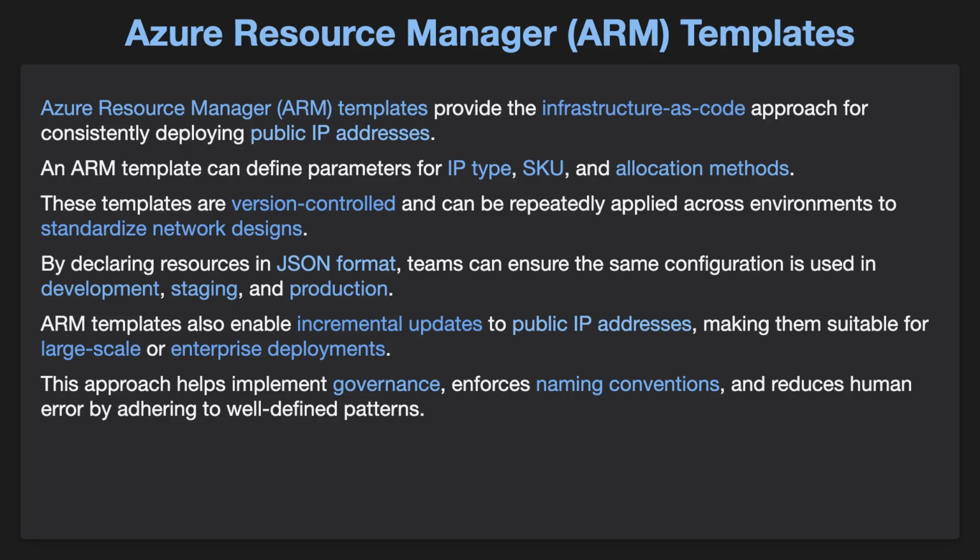By declaring resources in JSON format, teams can ensure the same configuration is used in development, staging, and production. ARM templates also enable incremental updates to public IP addresses, making them suitable for large-scale or enterprise deployments. This approach helps implement governance, enforces naming conventions, and reduces human error by adhering to well-defined patterns.